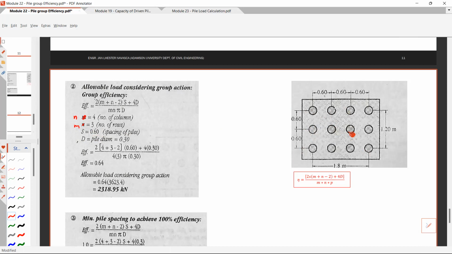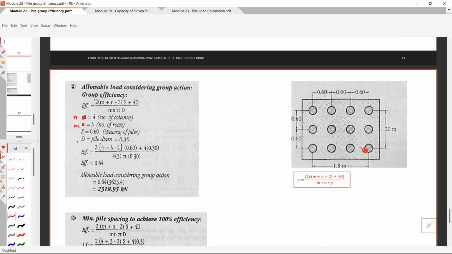Then for the spacing, we have 0.6 meters spacing of piles. And for the diameter D, that is 0.3 meters. So therefore the efficiency is 2 times 4 plus 3 minus 2 times 0.6 plus 4 times 0.3, divided by 4 by 3 times the perimeter.